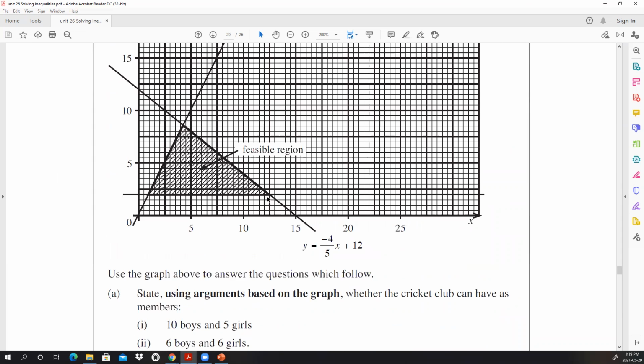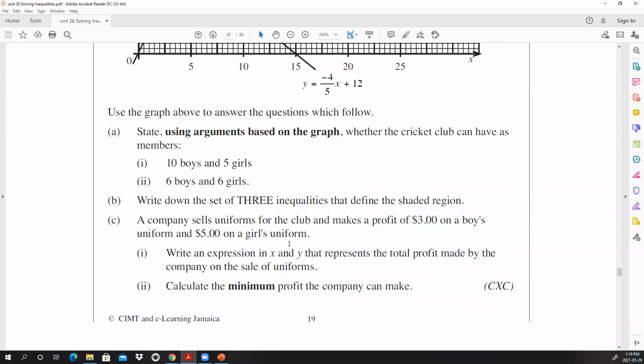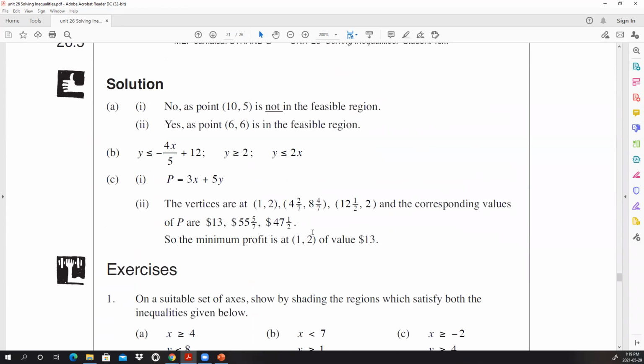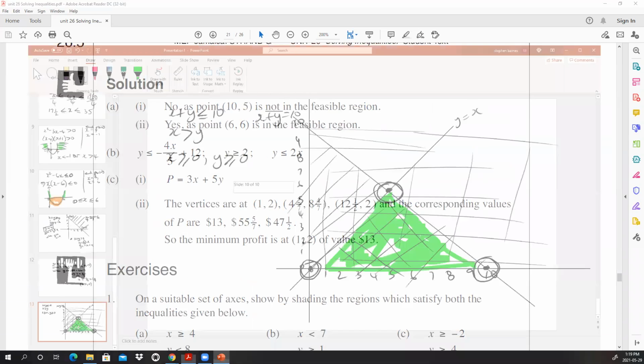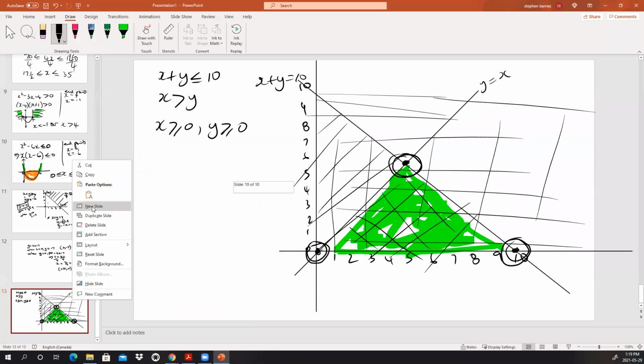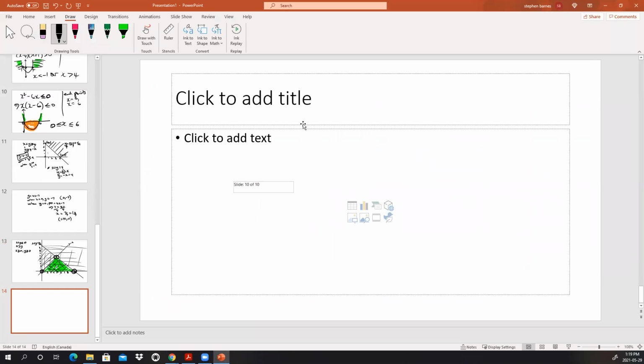So you try them. What do I mean by try them? You literally substitute the values. Let me show you.